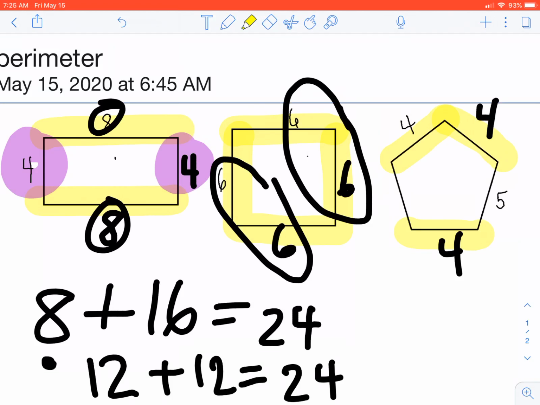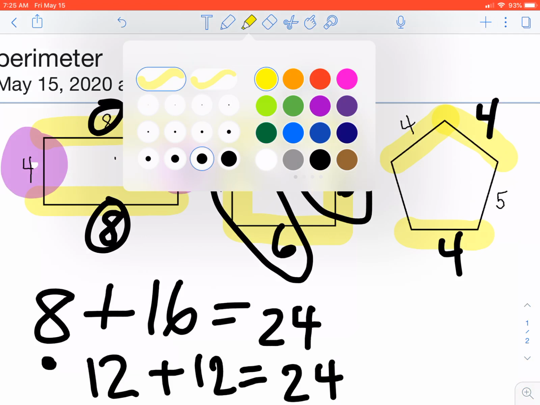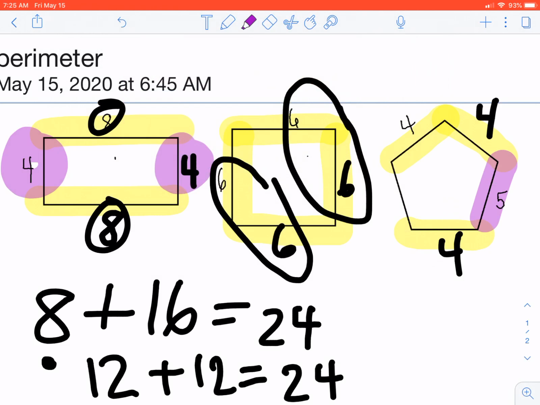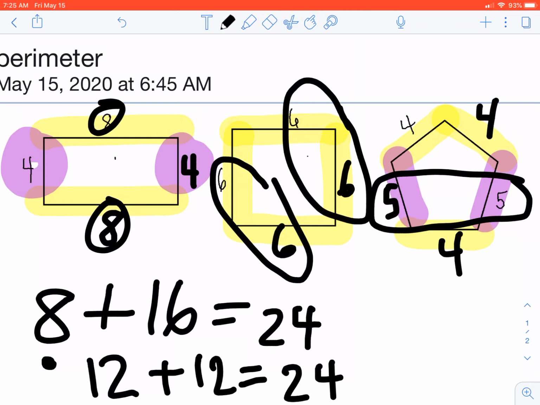And then taking a look at my other two sides, I can see this side and this side are the same length, so those have to be 5. And now all I have to do is add those up. Again, for me, I'd see that this equals 10, because I always try to make a 10. I know my doubles.